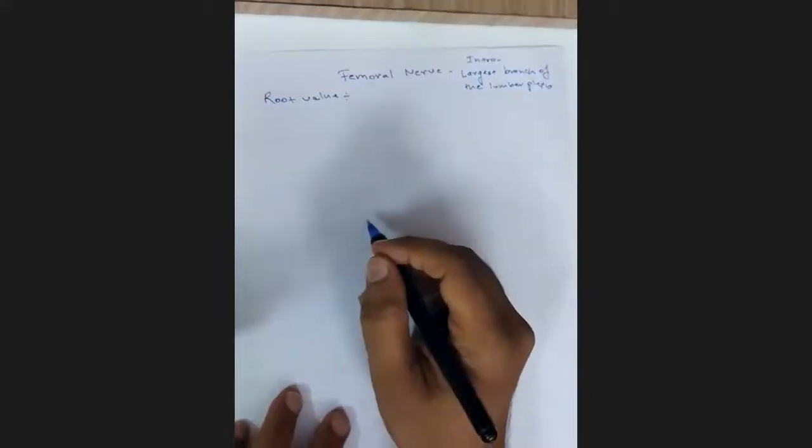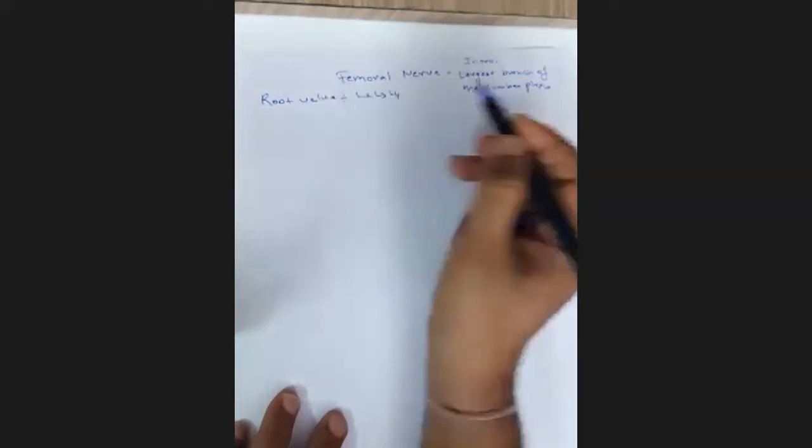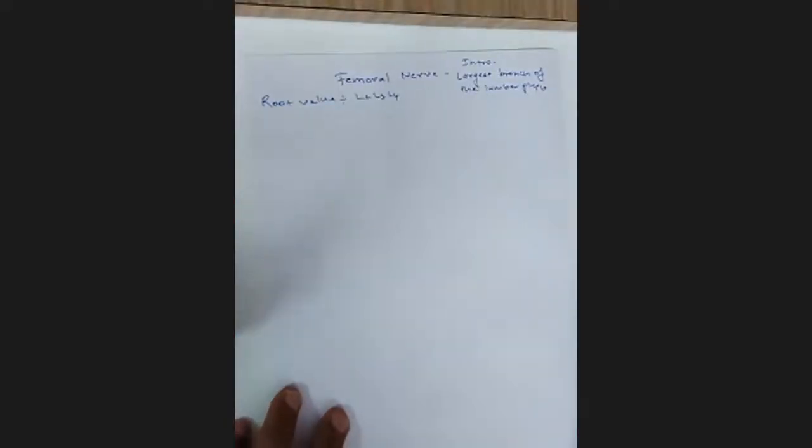Now, when we write the root value, normally students just say L2, L3, L4, but that is incomplete information.